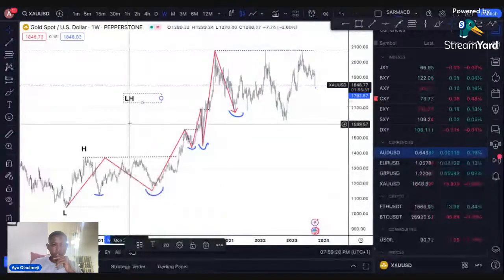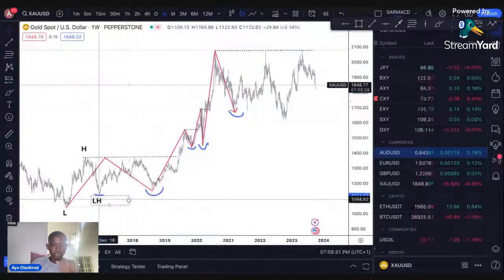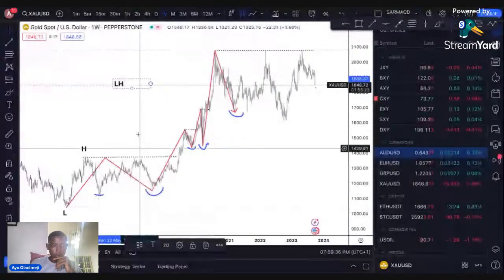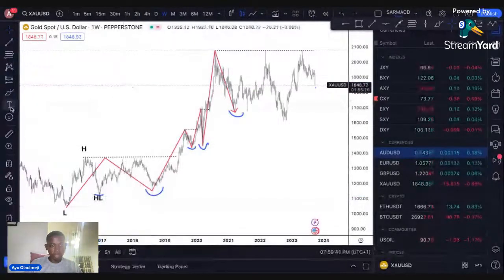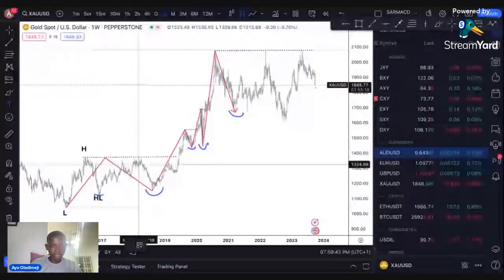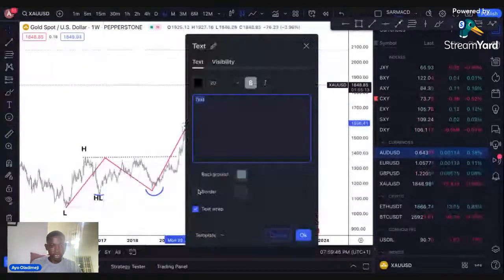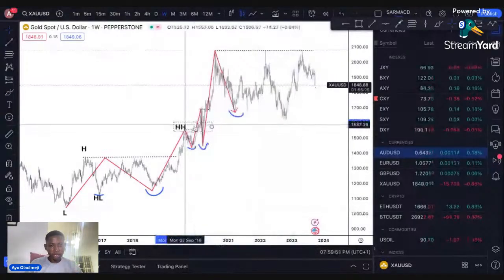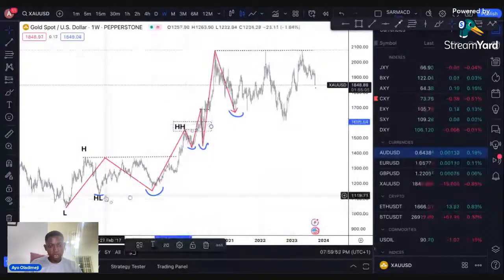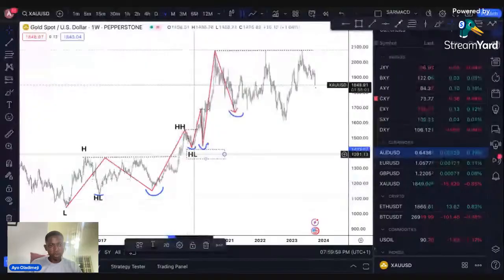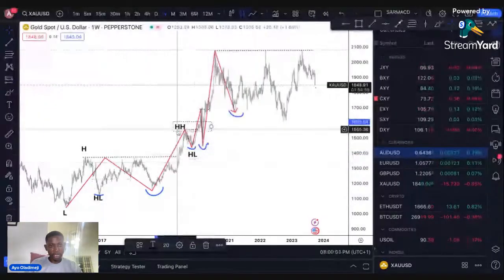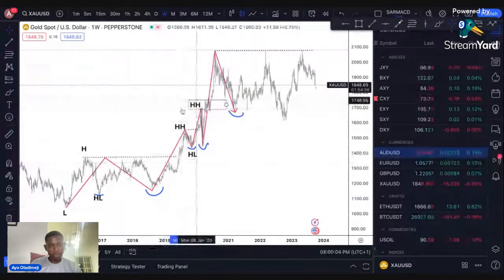So we have the higher low, rather. We have the higher low here. And then we have the higher high. Where's the higher high? Here. So this is the higher high here. Then the next thing we know is that we have the higher low, which is here. Then the next thing we have is the higher high, which is here.